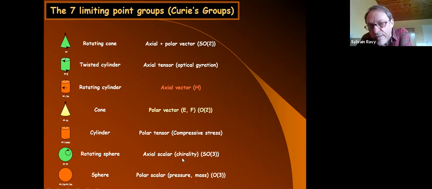An axial scalar, like chirality, belongs to the infinity group. And a polar scalar, like a pressure or mass, belongs to the group of a sphere. Okay, so I think that's it, what I wanted to explain about the point group.